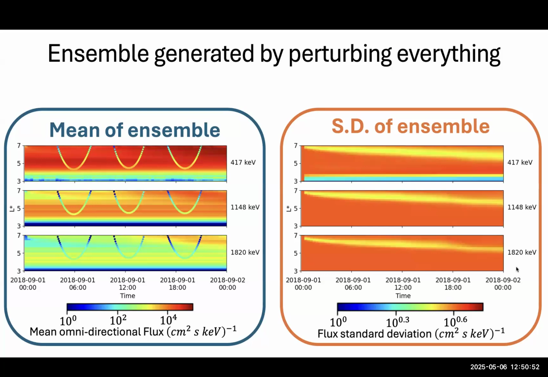And then when we perturb everything, you can sort of see we have everything that we had before, but we have this area of lower standard deviation, which, in my mind, doesn't seem to make sense.